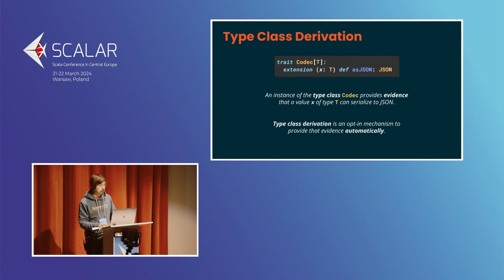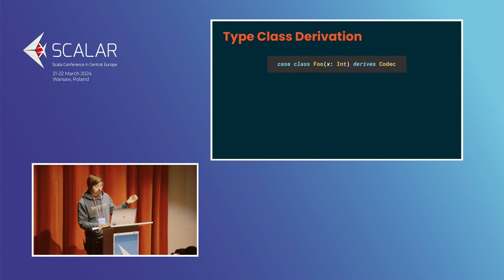So I'll give you an example of how it looks in code and what happens. Let's say you declare case class Foo with an x parameter of type Int. You say it derives Codec. And then the compiler desugars this into providing a given instance of Codec for Foo by calling this method Codec.derived.